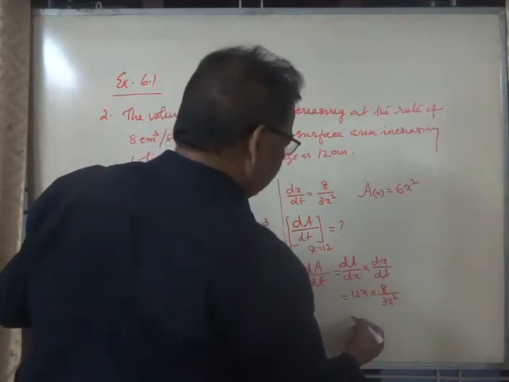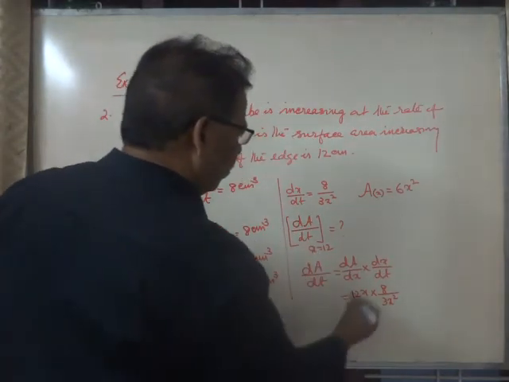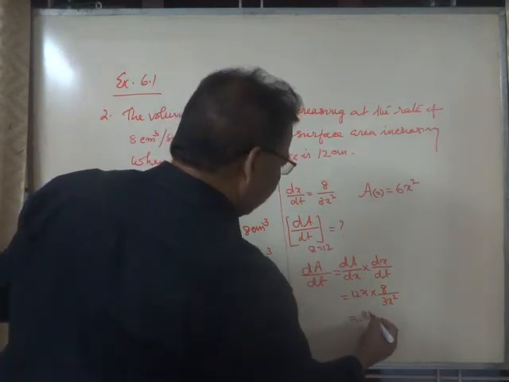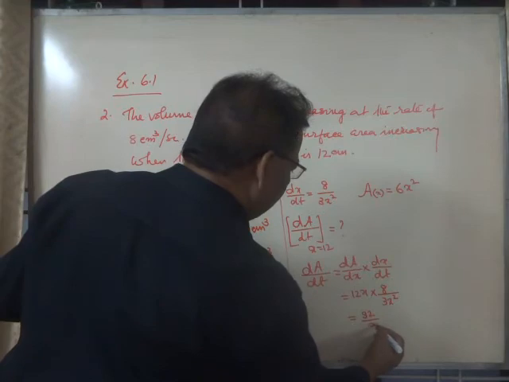That is equal to, so x got cancelled, 32 by x.